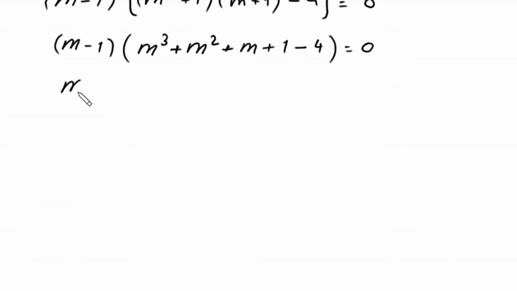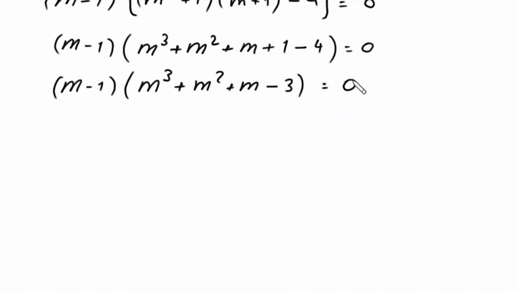Next, m - 1 times m^3 + m^2 + m. This plus 1 minus 4 will become negative 3, is equal to 0.